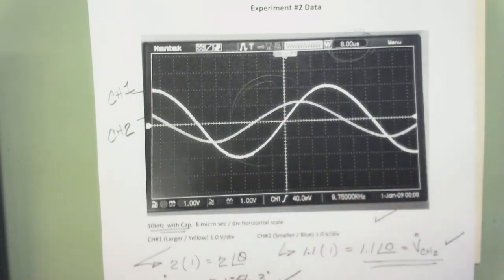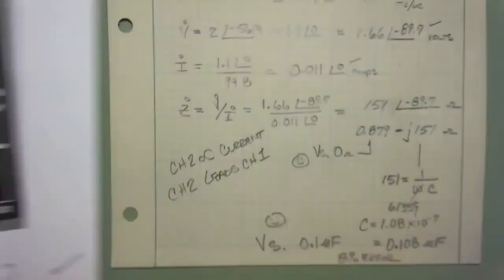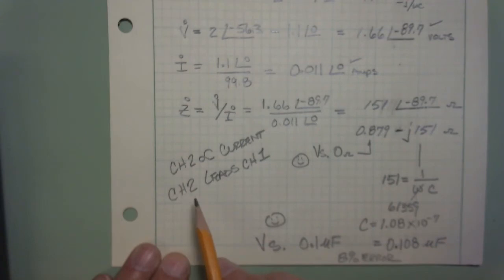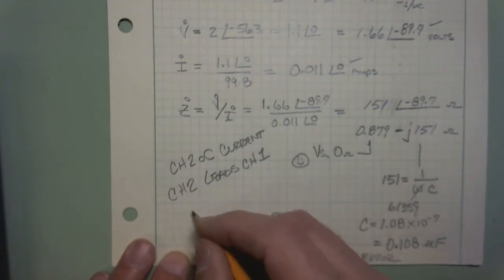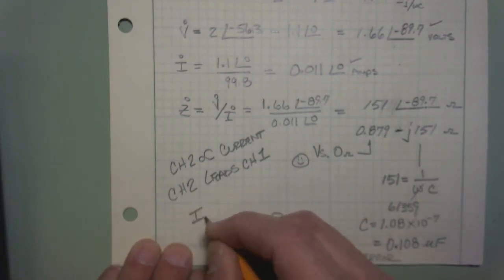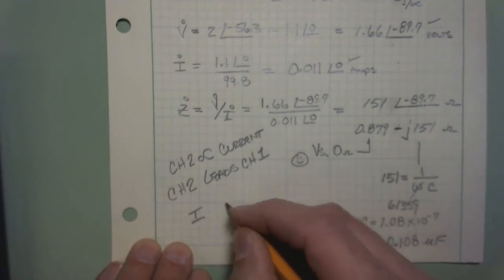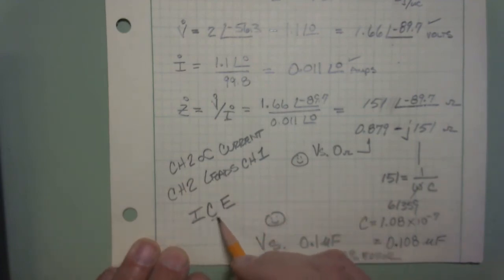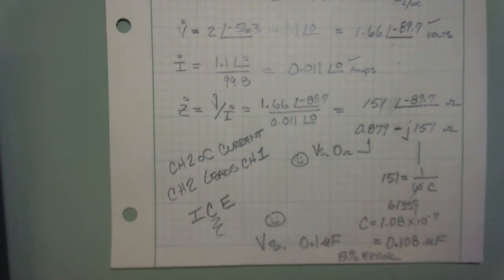That's how I can make that comparison. So channel 2 leads channel 1. Well, channel 2 is the current. So I could say that I is leading channel 1, which is the voltage. We'll call that E. And that's our ICE, isn't it? Which is the capacitor. So this is all working out nicely.